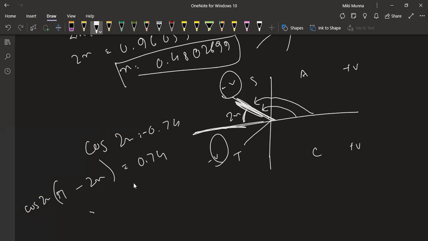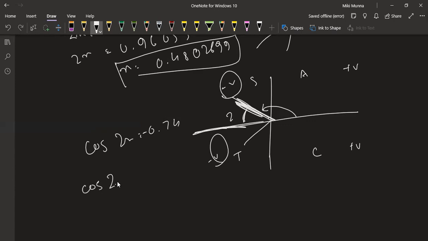Now, if we try to find it, just a minute. Let me make this simpler for you. So we have, let's say, cos of twice x, isn't it? So cos of twice x is negative 0.74.